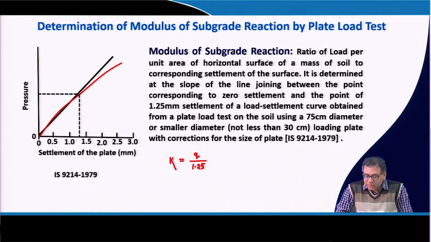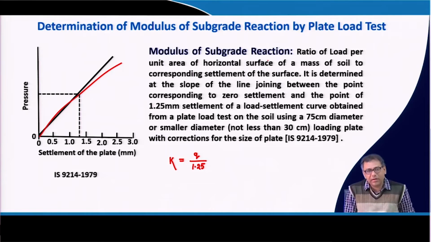To determine it, take the slope of the line joining the point of 0 settlement and the point of 1.25 millimeter settlement of a load settlement curve obtained from a plate load test on the soil using a 75 centimeter diameter or smaller diameter plate, but not less than 30 centimeter, with corrections for the size of the plate. So, as per IS code, this is the definition of K.